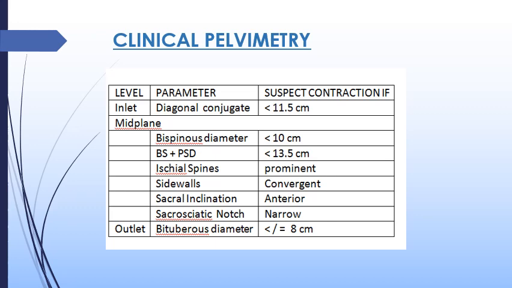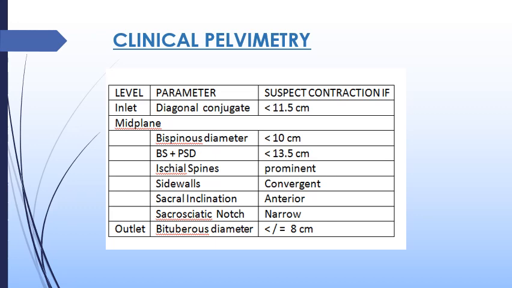Estimation of the pelvic capacity, also known as clinical pelvimetry, is done by measuring the antero-posterior diameter of the inlet with measurement of the diagonal conjugate, by the interspinous diameter of the mid-pelvis, and by the intertuberous distance of the pelvic outlet. Pelvic inlet contraction is suspected if the diagonal conjugate is less than 11.5 centimeters.